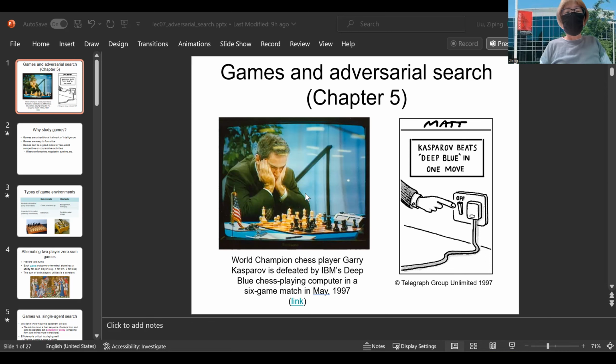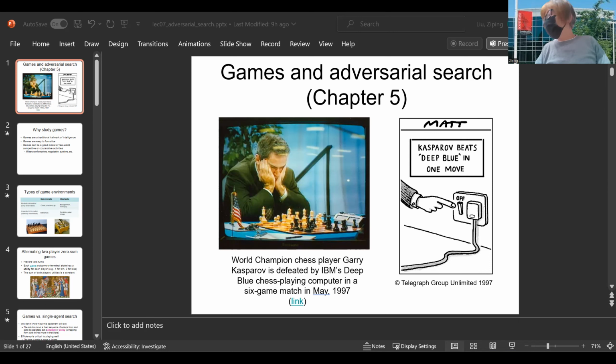Types of games and game environments. Previously we also discussed this when we discussed agents and agent environments: deterministic versus stochastic. Stochastic normally involves some randomness. Also, is the environment fully observable or just partially observable, so perfect information or imperfect information.